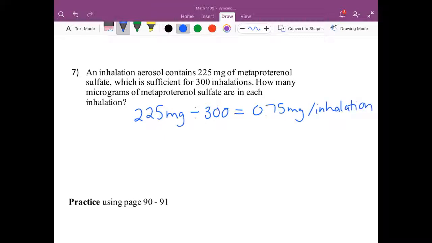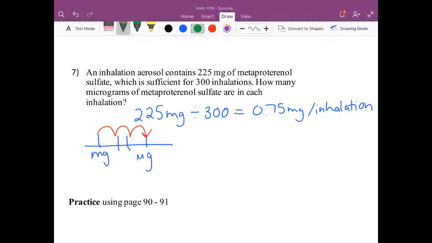But it's asking for micrograms. So that means I need to take my milligrams and turn it into micrograms, which is 1, 2, 3 jumps.